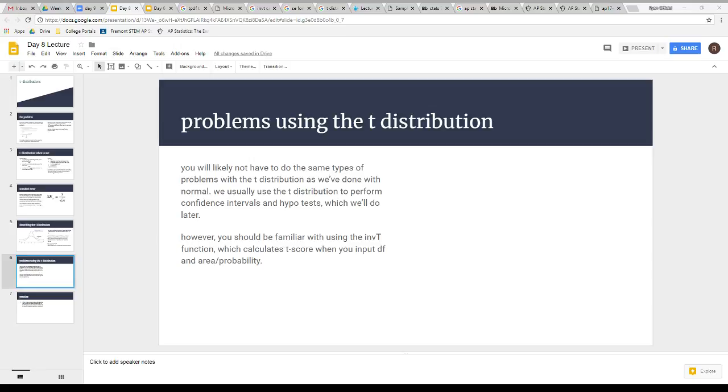So we would put in 34 here as the degrees of freedom. And then that's literally it. That's all you need for the function, and it gives you the z-score for here. Or I mean t-score. So t equals 0.255. Does that make sense to everybody? Okay.